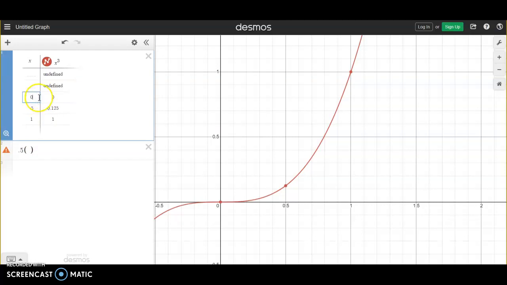So we're going to use the two left-hand endpoints first. So in this case, we get 0, and then we're going to add that on to 0.5, because that's our delta x value, and then our y value at 0.5 is 0.125.